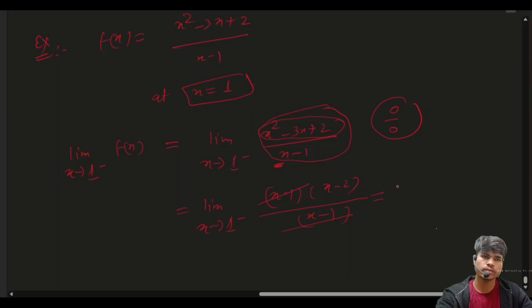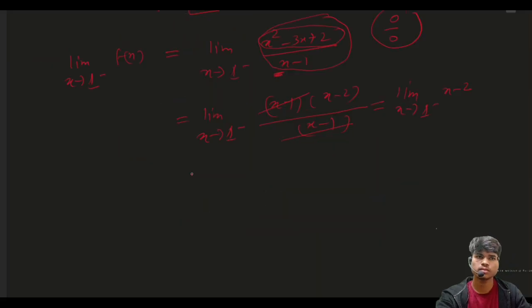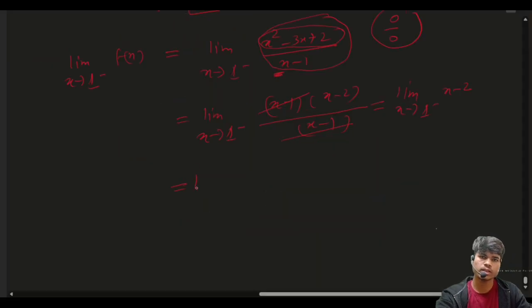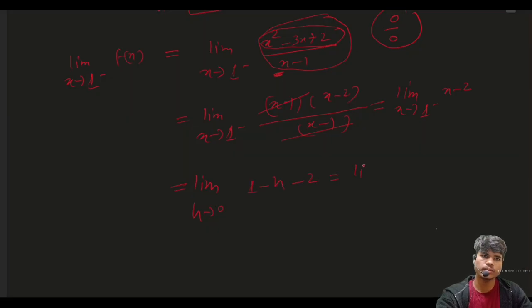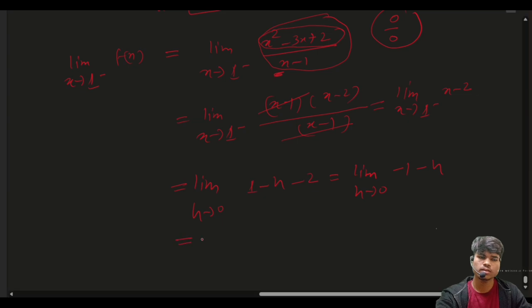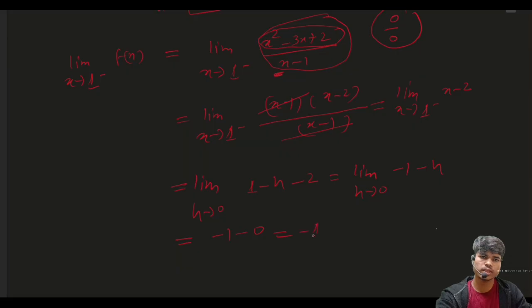So we have limit x tends to 1 negative x minus 2. Now we can write this like limit h tends to 0, 1 minus h minus 2. So we have limit h tends to 0, minus 1 minus h. So finally we get left hand limit minus 1 minus 0 equals to minus 1.